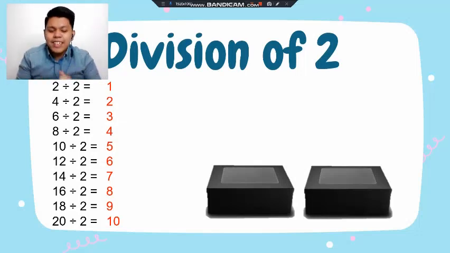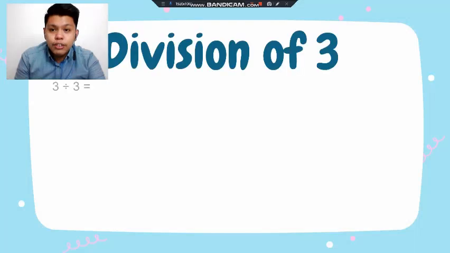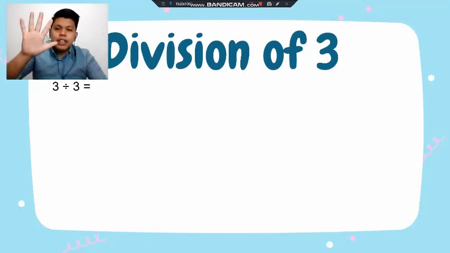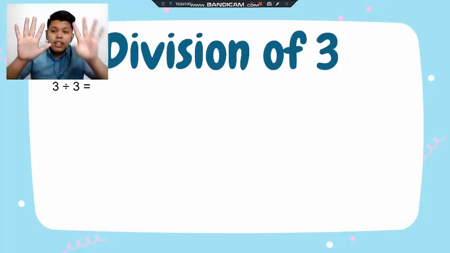Let's go with the next one. Division of 3. So let's keep count by 3 first. 3, 6, 9, 12, 15, 18, 21, 24, 27, 30.